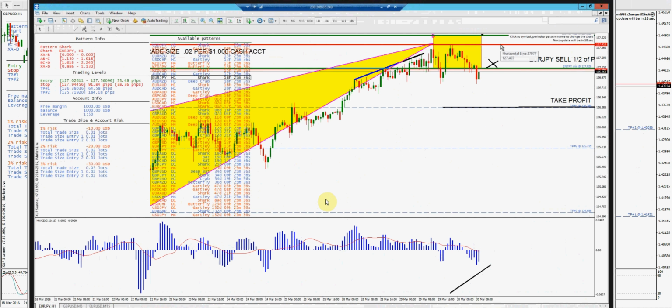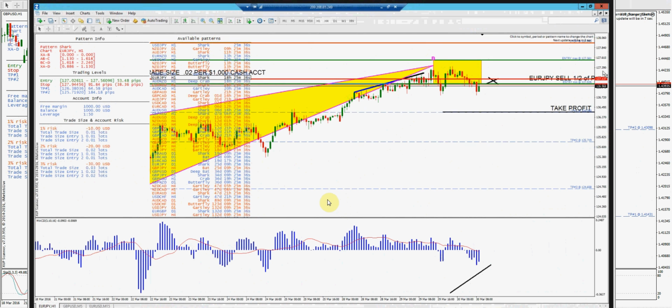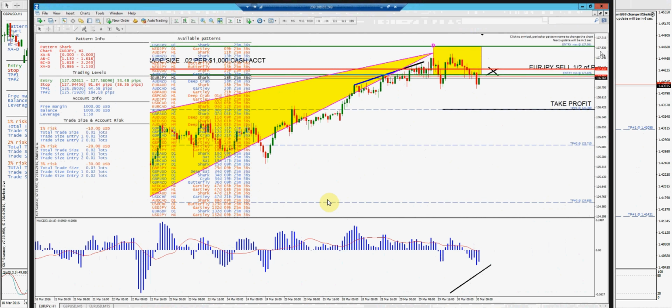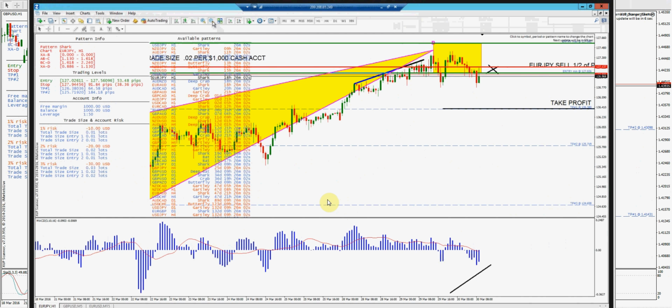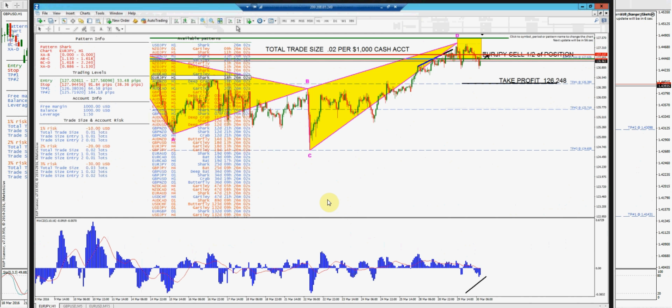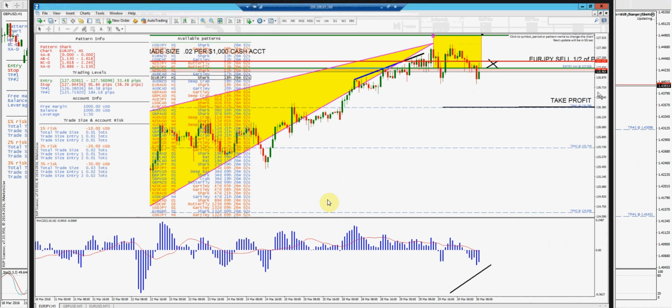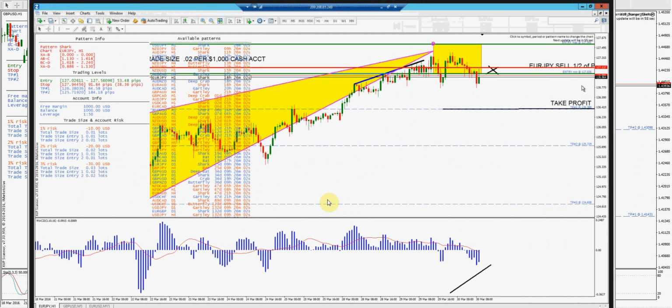So guys, we're going to take our stops on the EURJPY. You're going to move them all the way down, way down here, guys. That way we're around break even, right in there. 127.13 stop.